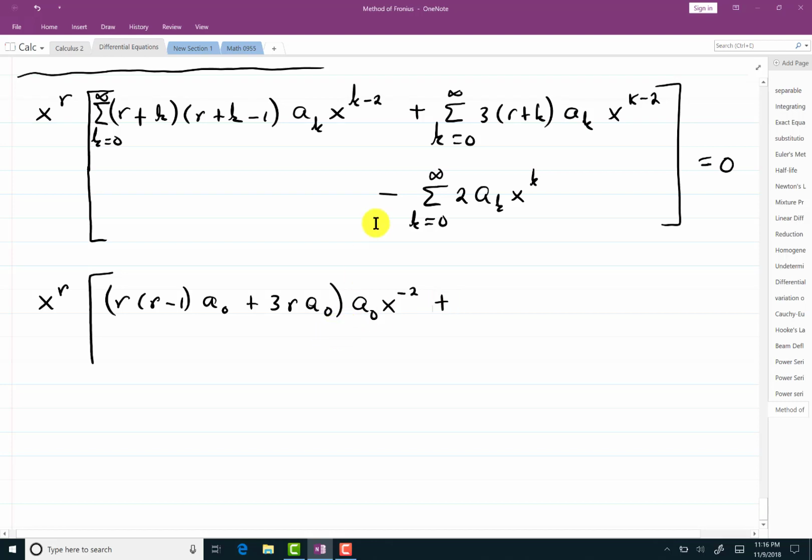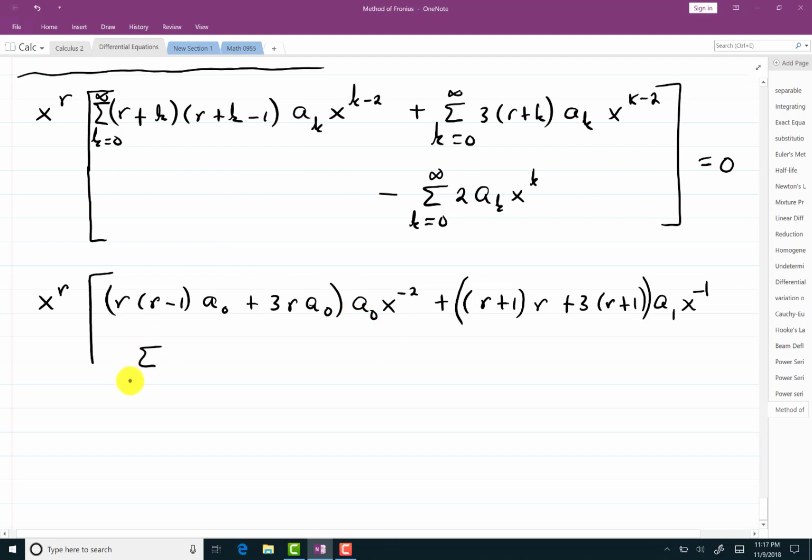And then next we're going to have the terms with k equals 1. So I'll get r plus 1, and then here when k is 1, those will cancel and I'll get times r. And then here I'll get 3 times r plus 1, a sub 1 x to the negative 1. I'll leave the rest of the series alone, but they'll all now start at the same place.